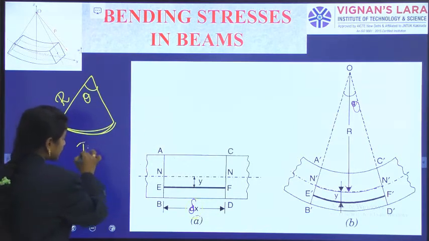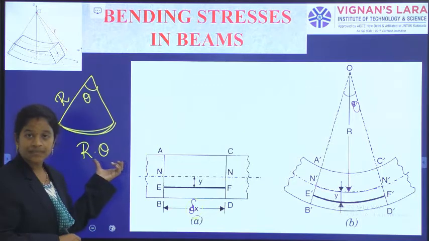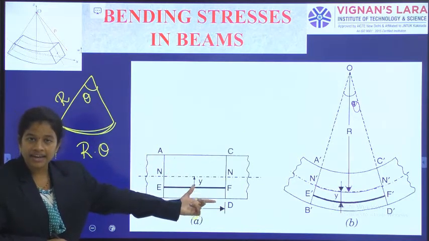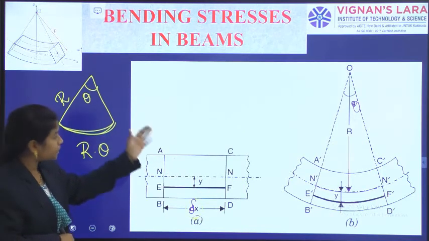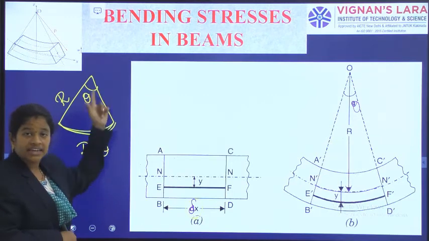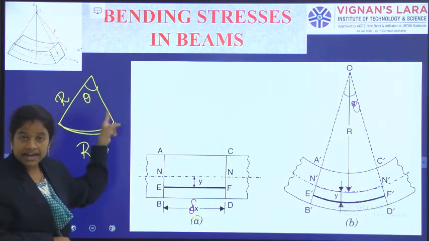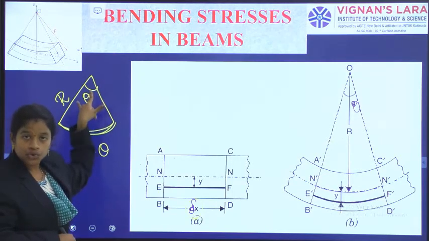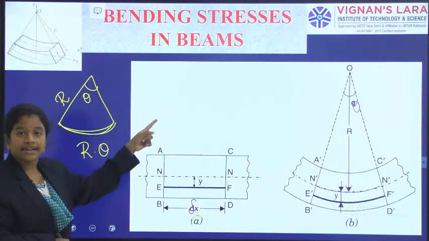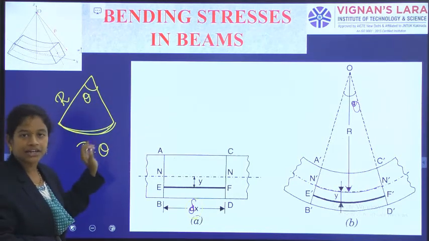The length of the arc is r into theta. Here the neutral layer NN is also the same, having radius r and included angle theta. So the length of this neutral layer is r into theta.